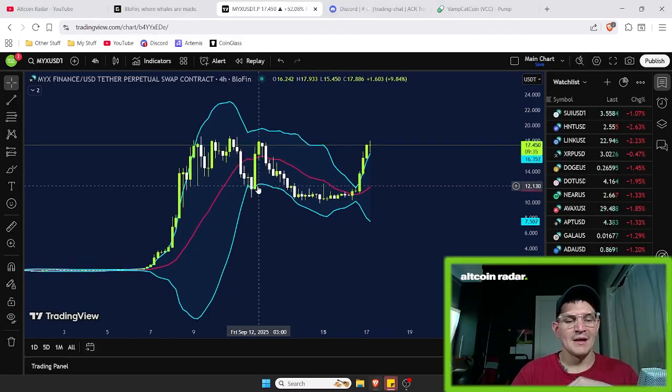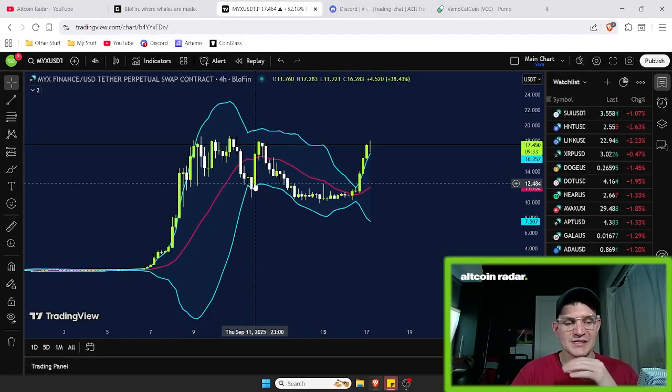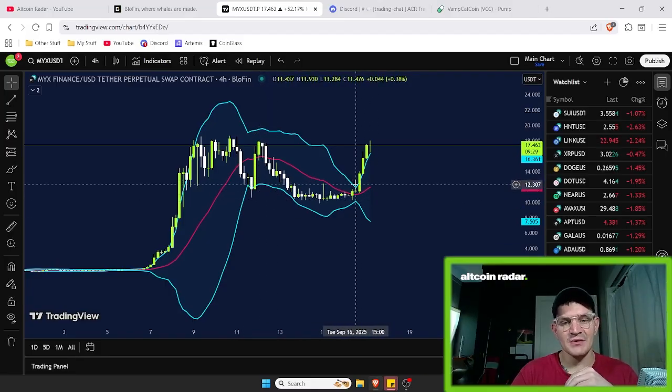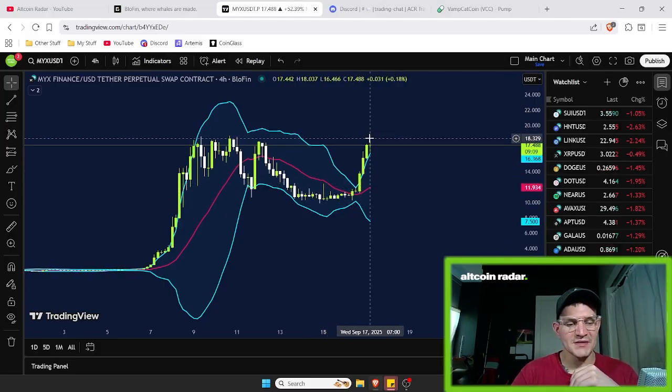All right, but then we also have squeezes. This is when the bands squeeze together, as you can see right in here. We've got a squeeze right there. Now, when the bands squeeze together, this usually leads to a bigger breakout to either the upside or the downside. In this case, we had a squeeze right here, and momentum started to build once again, and boom, we ended up breaking out to the upside.